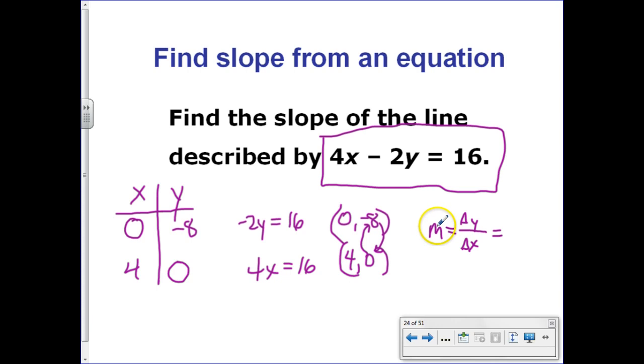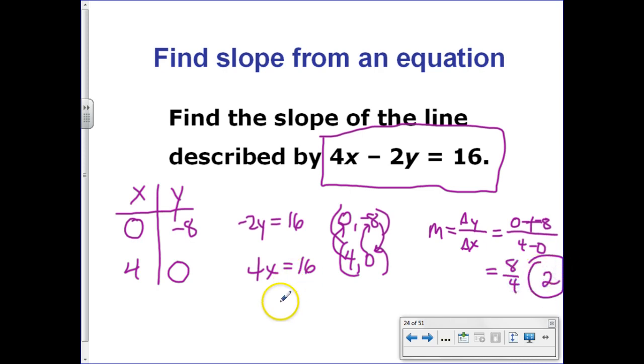It doesn't matter. You're going to get the same answer. Let's go 0 minus -8 because I hate getting negative signs. So 0 minus -8, that's my numerator, and then I'd take 4 minus 0. And look how nice this works out. This makes positive, so I get 8 over 4, which is 2.